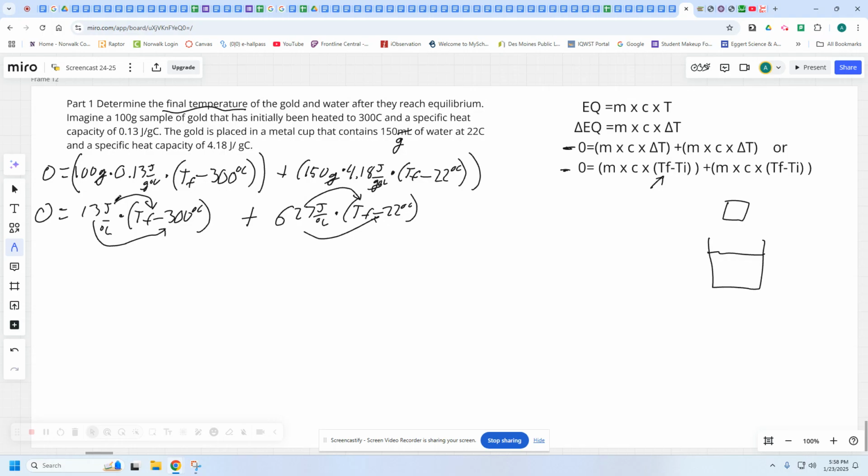So if you take 13 joules for every degree Celsius times TF, it simply becomes 13 joules for every degree Celsius, and now TF is stuck to it through multiplication. If you take 13 times the negative 300, you should get approximately negative 3,900 joules, because the Celsius technically cancels the Celsius out.